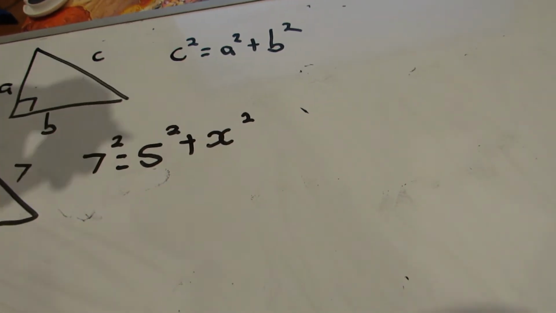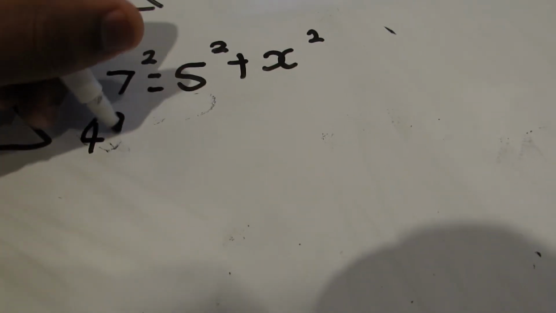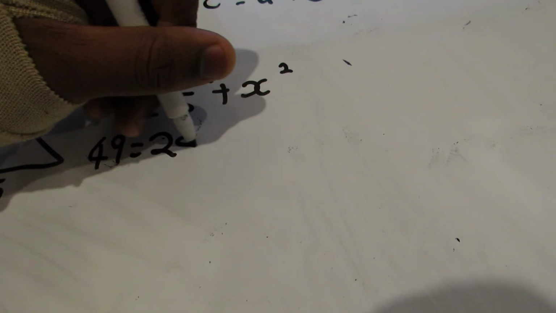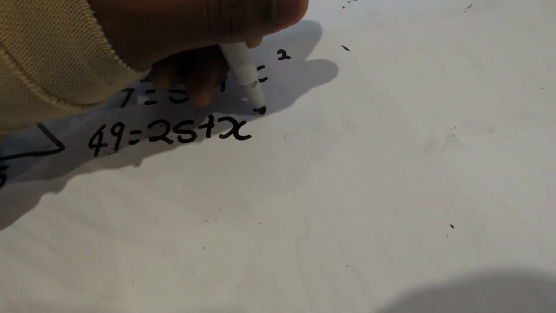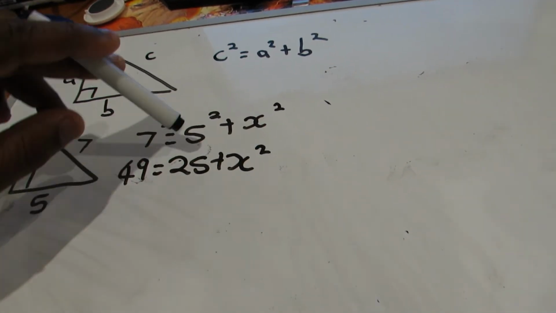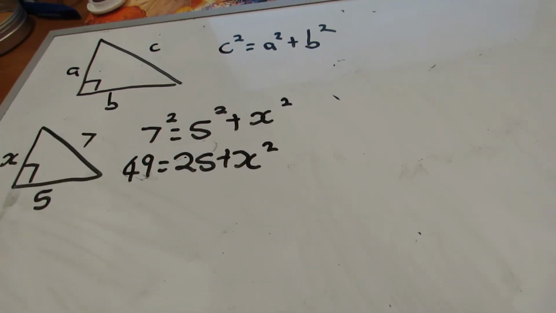So firstly, you'd solve the squares. 7 squared is 49, equals 5 squared, which is 25, plus x squared. But what we're trying to do now is get x on its own. So you minus 25 on each side.